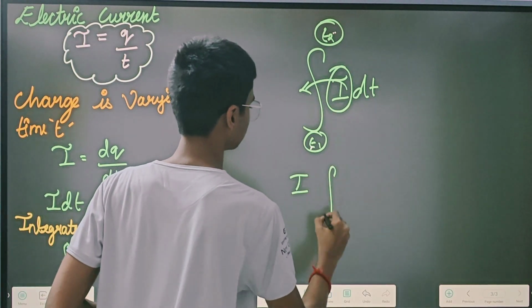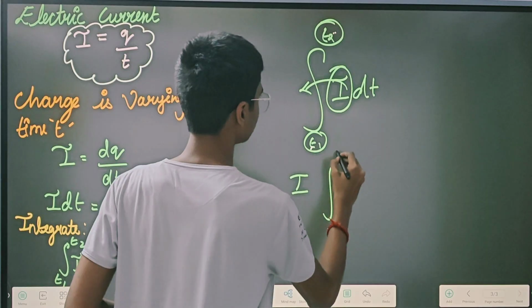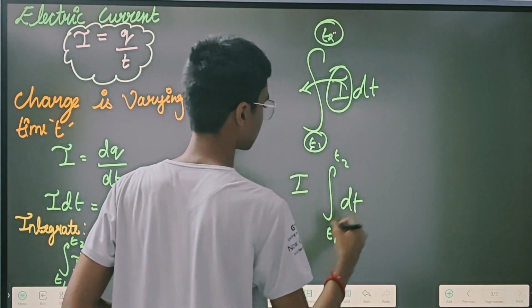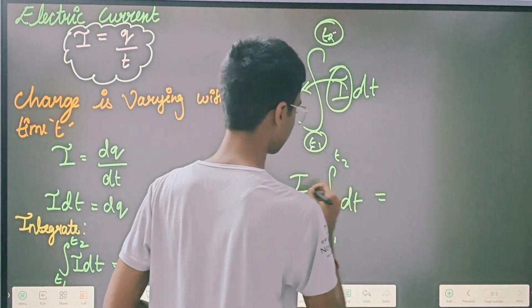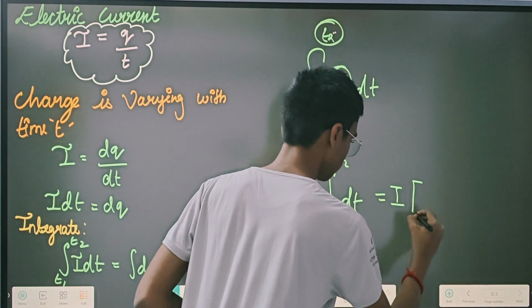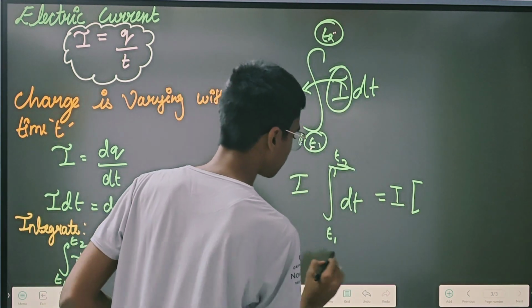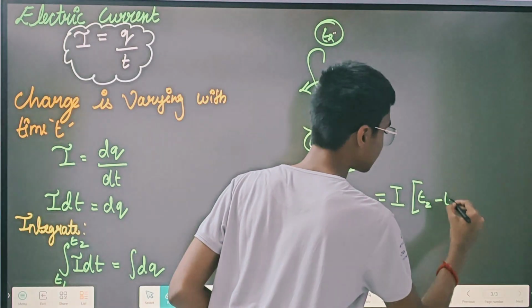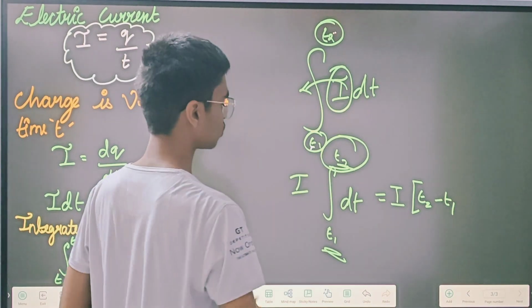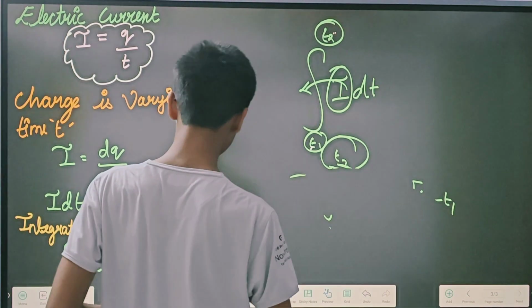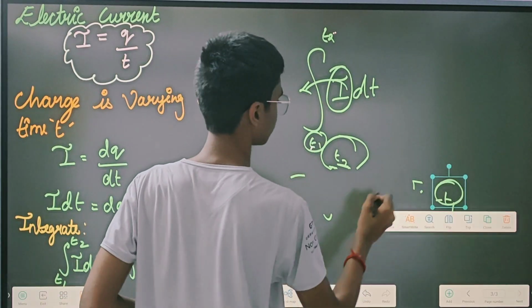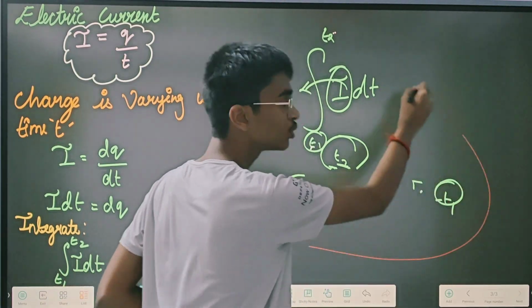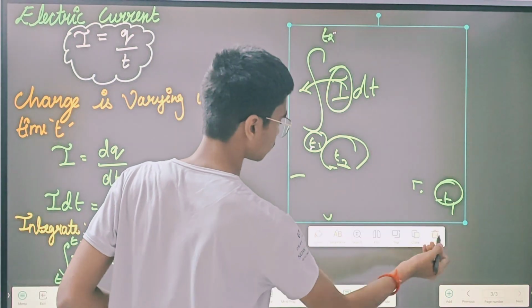So I, from t1 to t2, and then dt. This can be written as I times, in brackets, upper limit minus lower limit, so t2 minus t1. Like this you have to write. This is very basic. If you don't know, then it is time now to know.